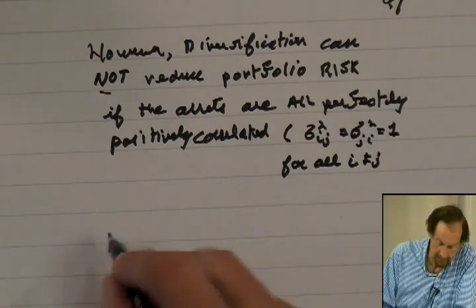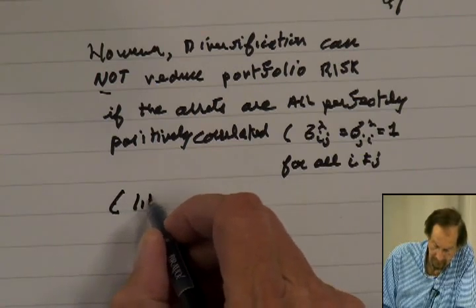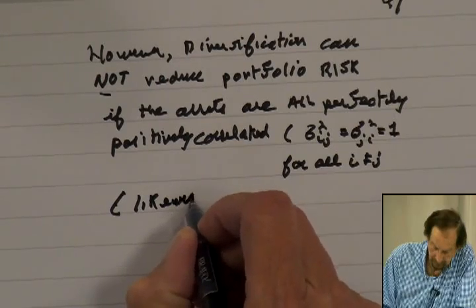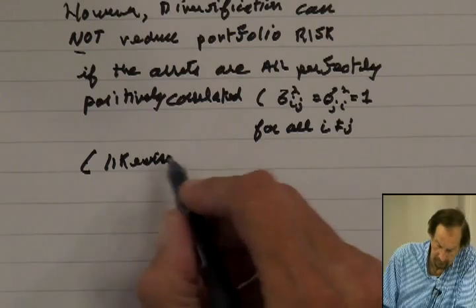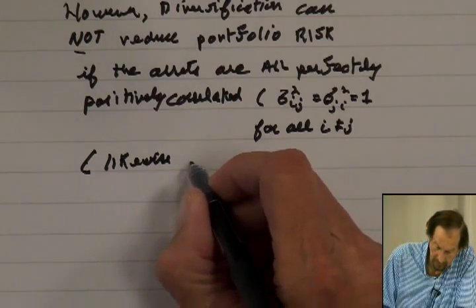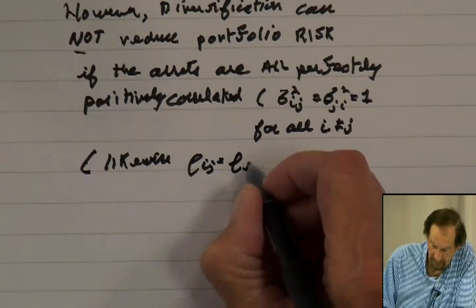Likewise, in terms of the correlation coefficient, what we'll usually be working with is that rho ij equals rho ji.